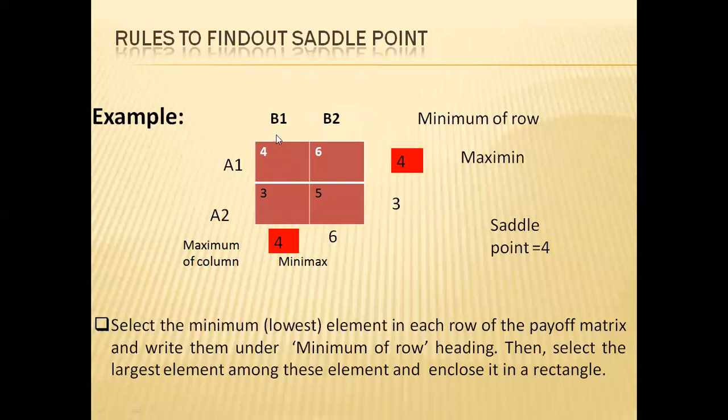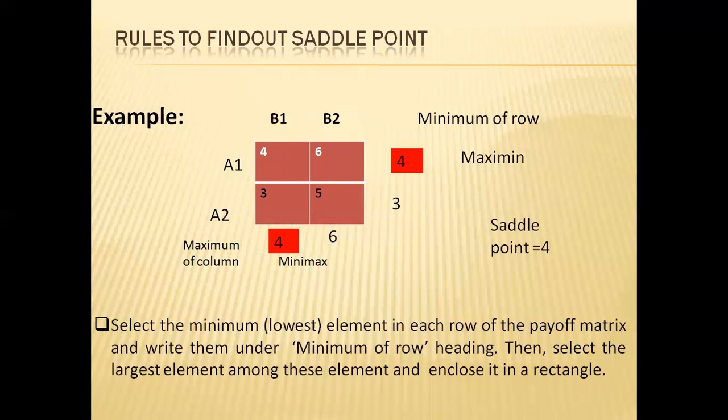So the maximum value in the case of B1, that is the column, is 4, and the minimum value in the case of this row, that is 6, is greater than 4, and hence the least value is 4, and hence 4 is the common point in the maximin condition, and 4 is the upper value in the minimax condition. And the common point when we apply both the actions leads to a saddle point.